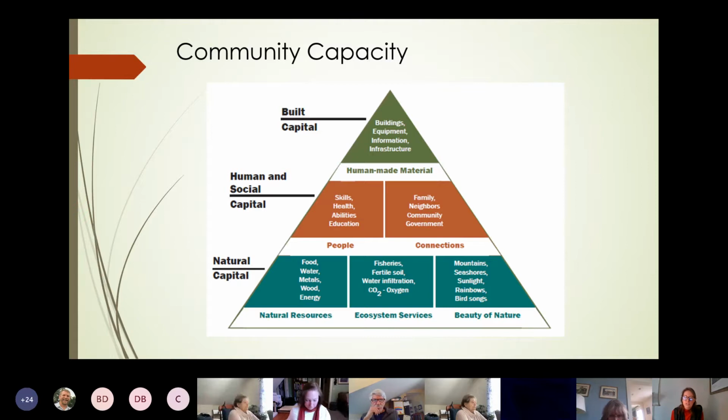So keeping in mind those levels of capital will be important as you consider building conservation capacity, thinking about building resilience and adaptation in the face of climate change, and what you have as strengths to help inform the work you're going to do moving forward.